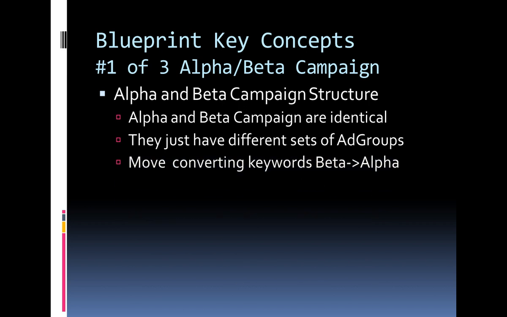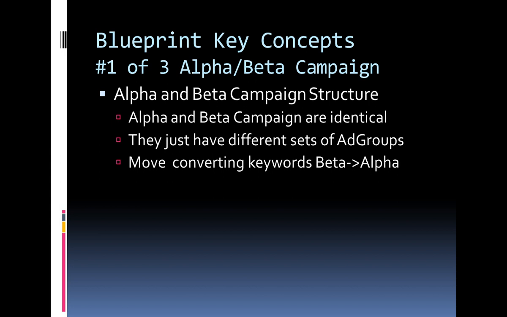The process we would like to implement in your account is to move beta converting keywords to the alpha campaign. Converting keywords means they have generated at least 2 leads in your account. We chose 2 leads because sometimes one-off conversions are possible, but then they end up with no conversions at all.